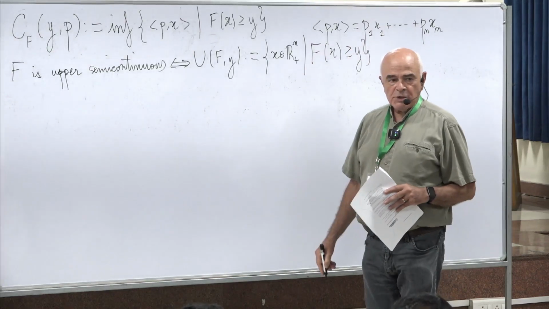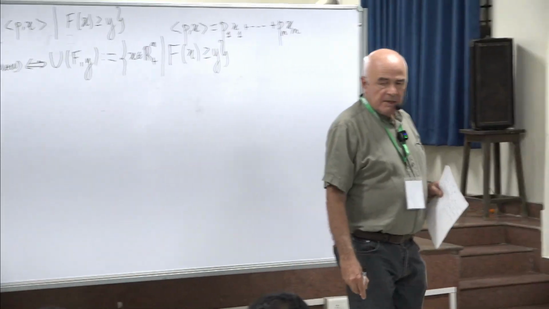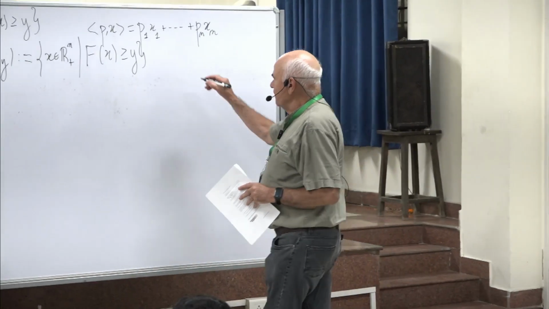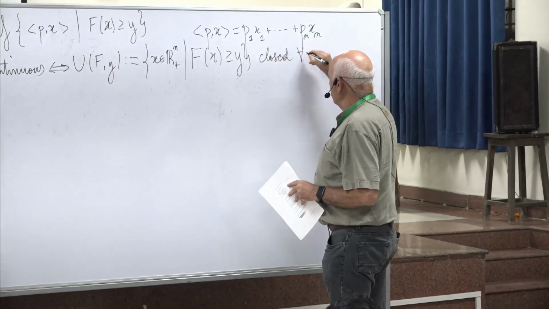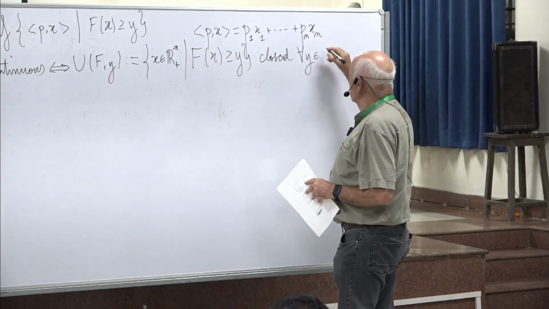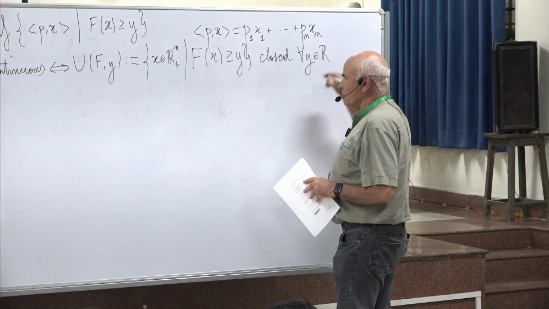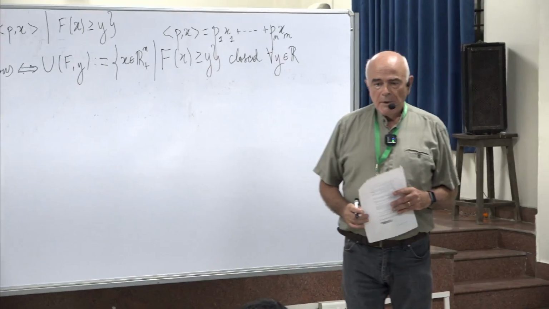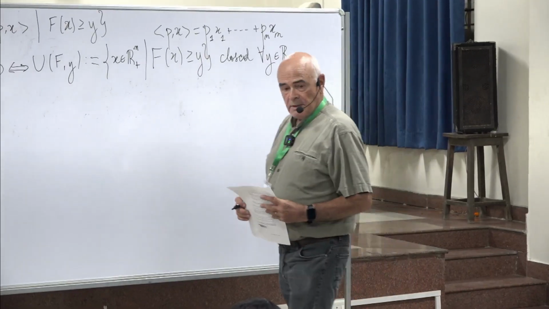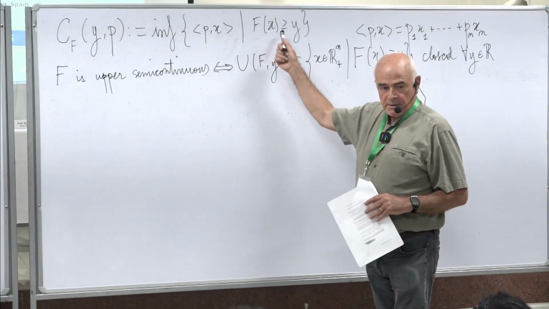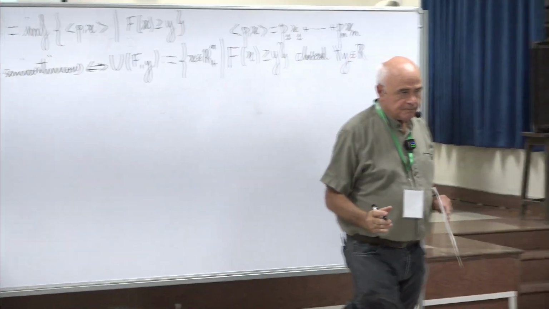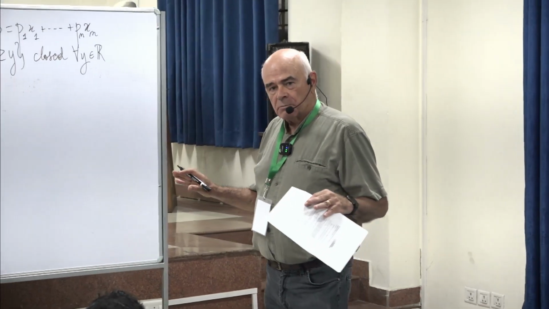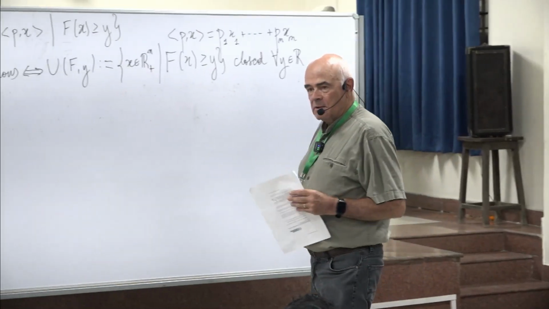So upper semi-continuity simply means that these sets are closed. Okay? Then, as you said, this means that the feasible set in this optimization problem is closed. Good, but this is the only assumption, just for technical needs.